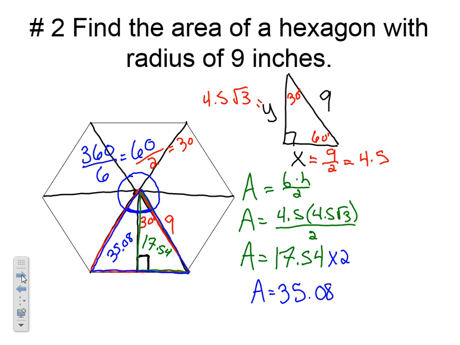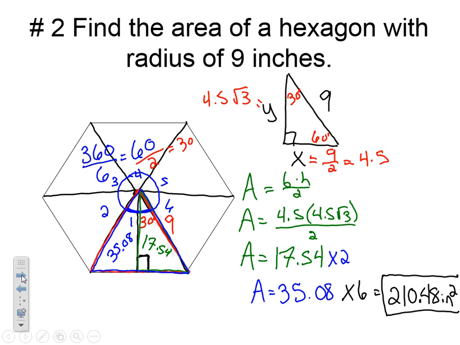If I go around, make sure I know how many triangles I have. 1, 2, 3, 4, 5, 6 large triangles. So if I want the area of my regular hexagon, I need to multiply my one triangle times 6, and I am going to get 210.48 inches squared. So that is my area for my regular hexagon, given that my radius is 9 inches.